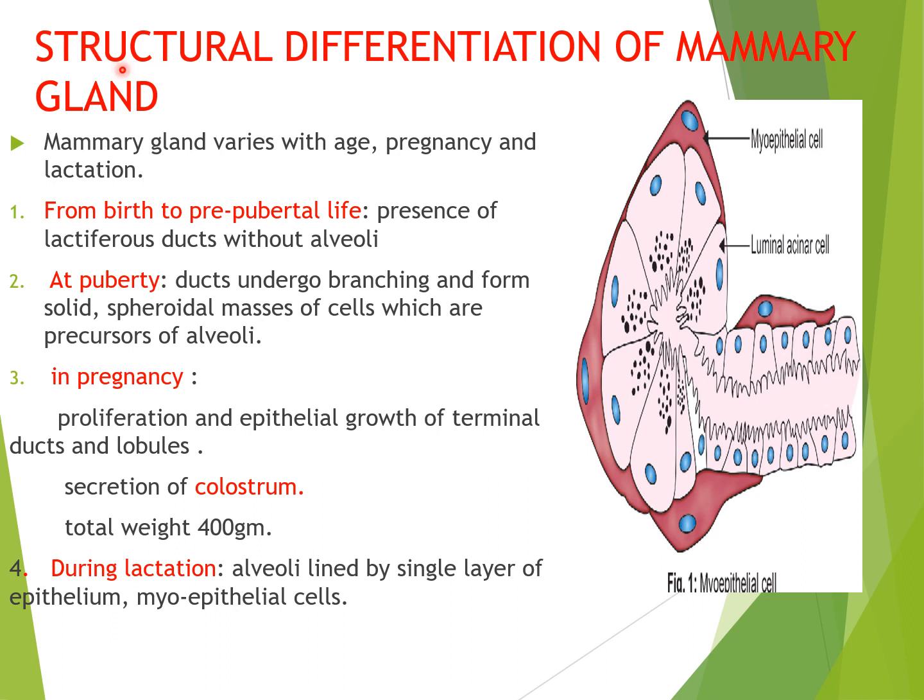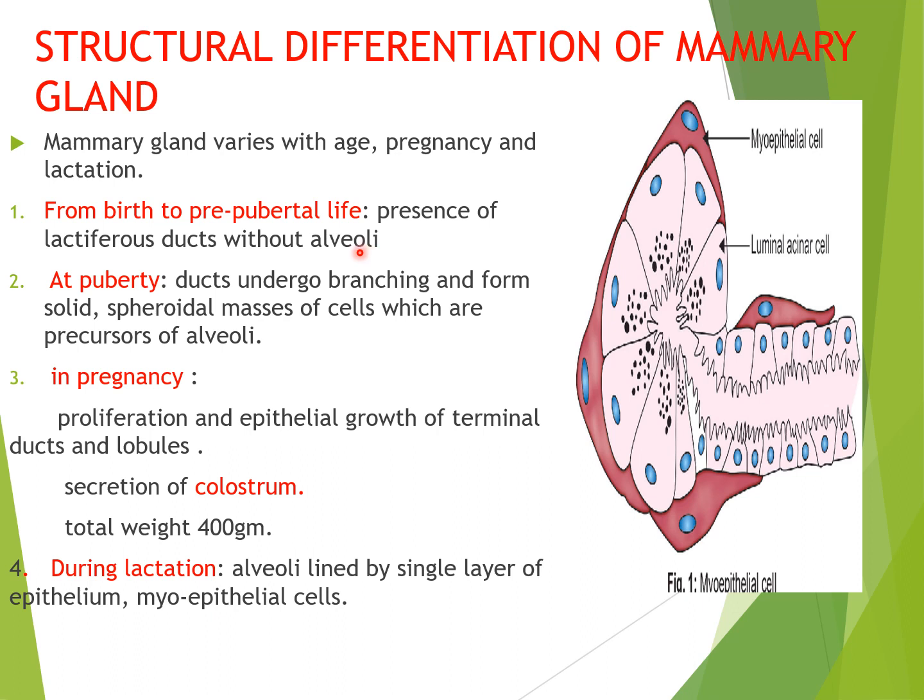Okay, let us discuss structural differentiation of the mammary gland. The mammary gland varies with age, pregnancy and lactation. So from birth to pre-pubertal life, there is the presence of lactiferous ducts without alveoli.